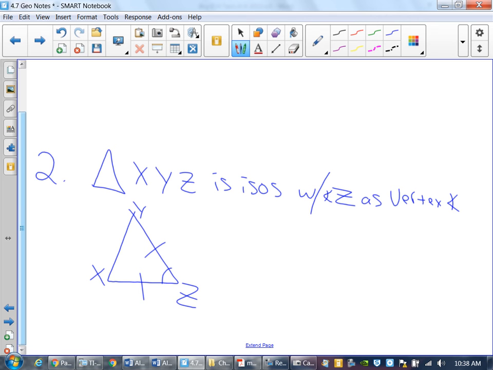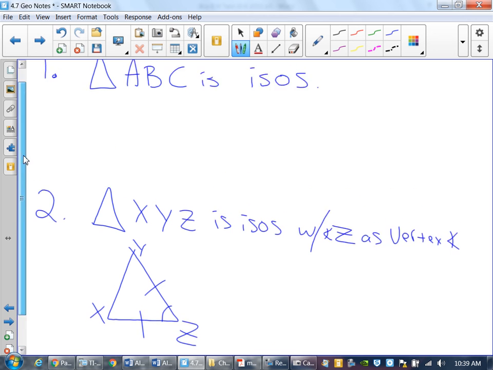Now, you can label triangles a bunch of different ways. You can draw them a bunch of different ways. When it tells you specifically which letter of the three is the vertex angle, that's the one that's always going to be between the two sets of sides. Like you said, Mr. Leon, it's a little bit more specific, whereas the other one is more generalized.